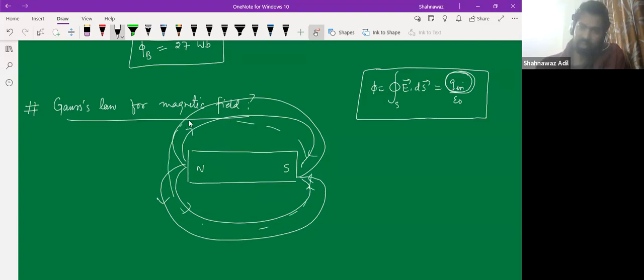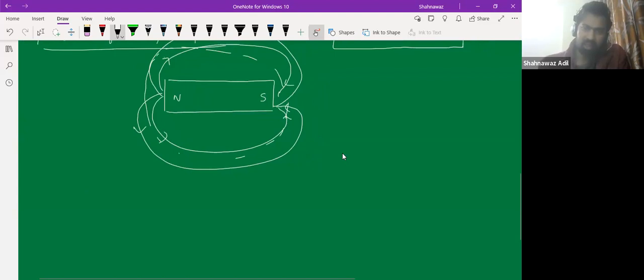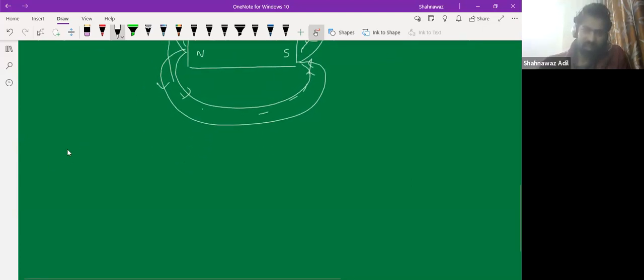If we consider a loop, then in this surface integral the total number of outgoing lines equals the number of incoming lines, so the flux would be zero. This says that the closed integral of B dot dS is zero.